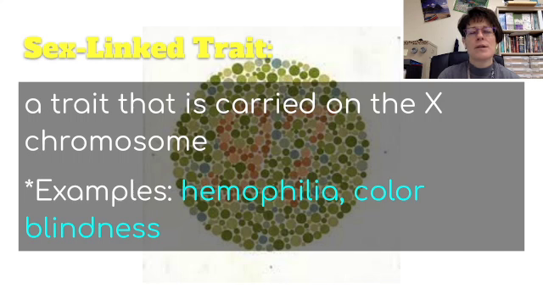You don't see it. They're what we call carriers. They carry the gene, but they don't express it. But males are lacking genetic material on the Y chromosome to counteract what's on the X chromosome. And so then they have that no matter what, because that's the only gene they have for it. It's the only allele they have.